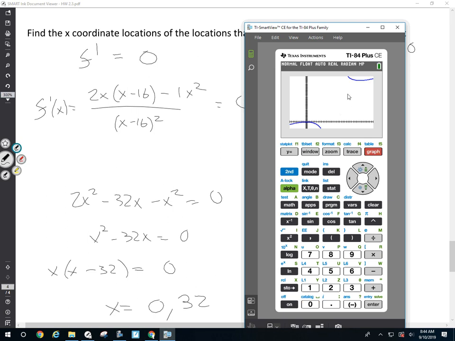Okay. I can see that at 0, boom, horizontal tangent. Now, I end up having a vertical asymptote at 16. We can see that at 16, no function value. Okay. If I go all the way to 32, I should be right here where I can see I'd have a horizontal tangent. Boom, right there, horizontal tangent. So I did it. It's a crazy graph. It's very far away with stuff, but that's what it is.